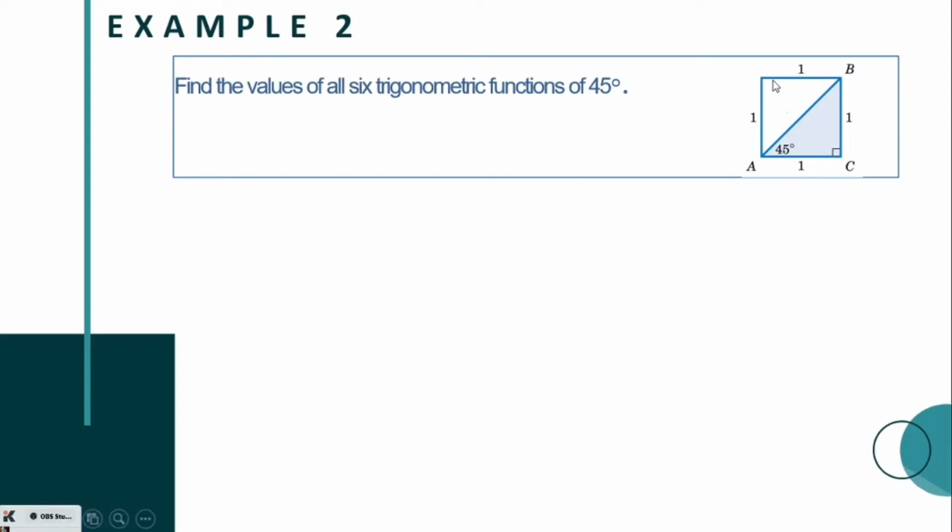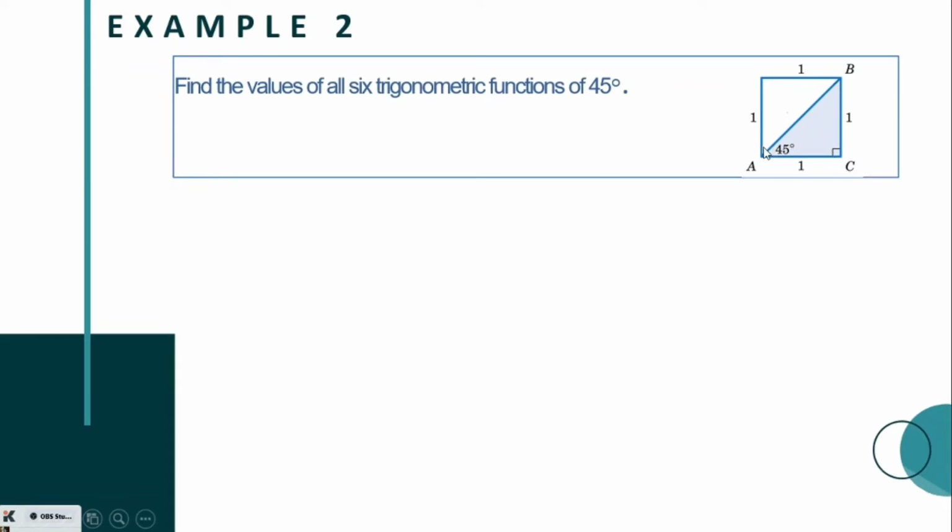In a square we know that all the angles are right angles. So if we divide it in half diagonally, we can create AB here, and we can create a triangle ABC where C is the right angle and AB is our hypotenuse.